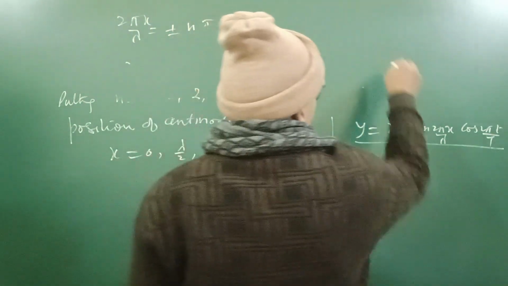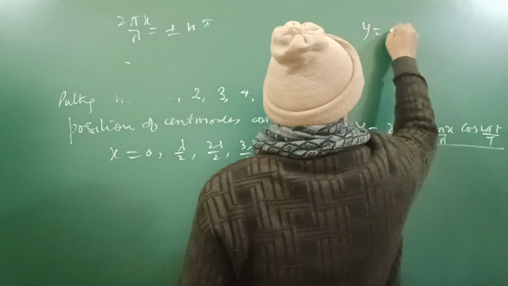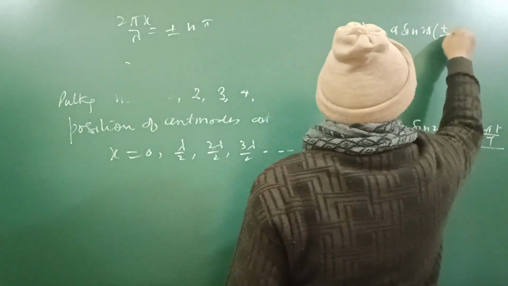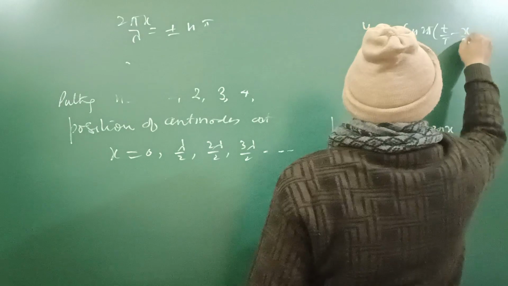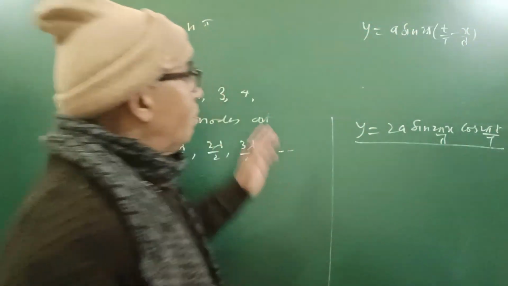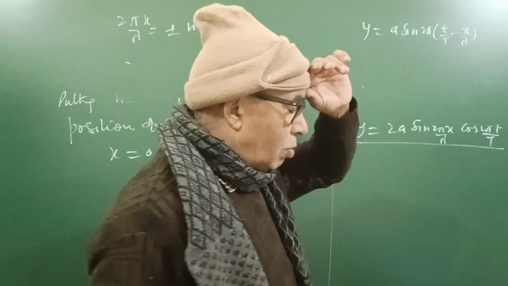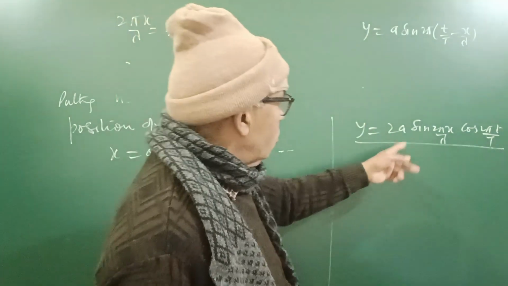The wave y equal to a sin 2 pi (t upon T minus x upon lambda) is the wave traveling in positive direction, and after reflection we get another wave and they superimpose.